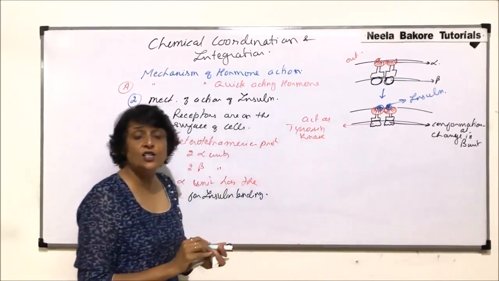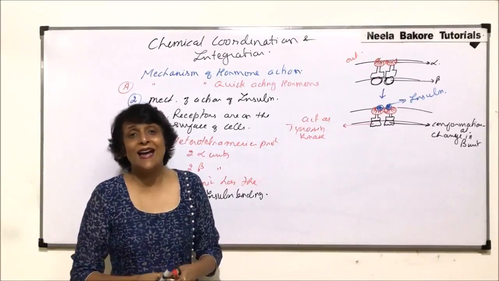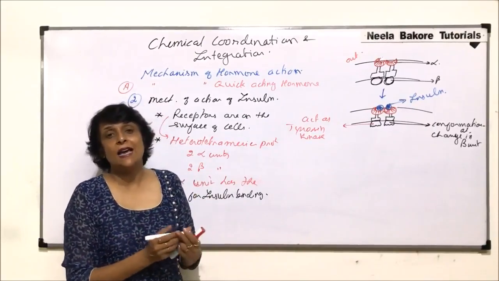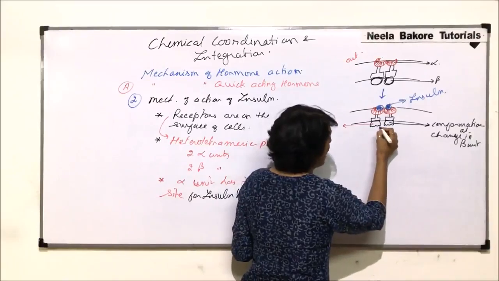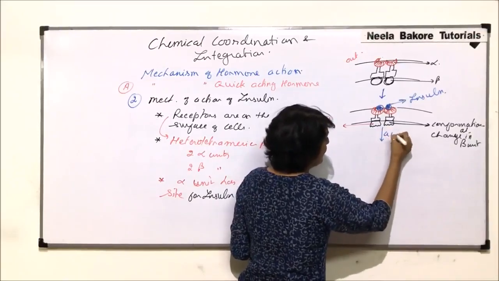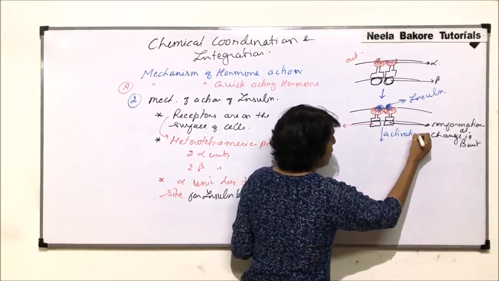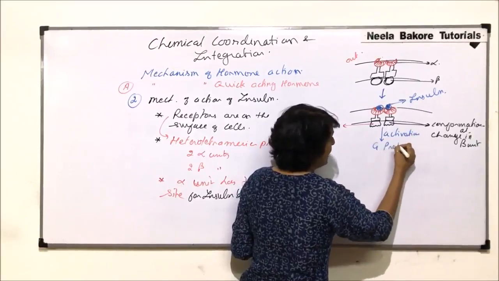So this changed beta unit is going to act as an enzyme tyrosine kinase. This tyrosine kinase now activates, we can write, activation of G protein.